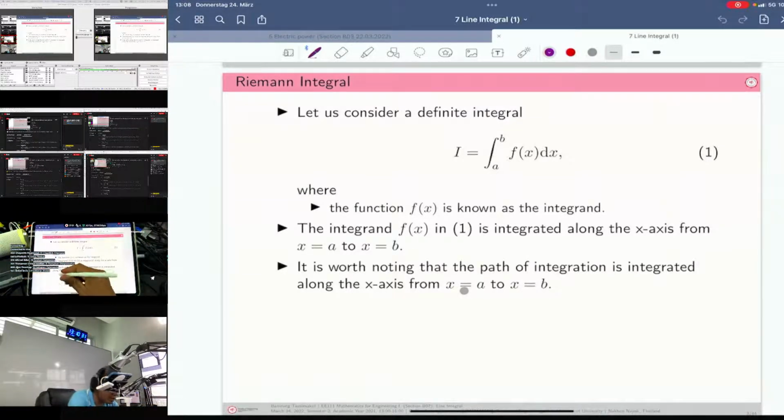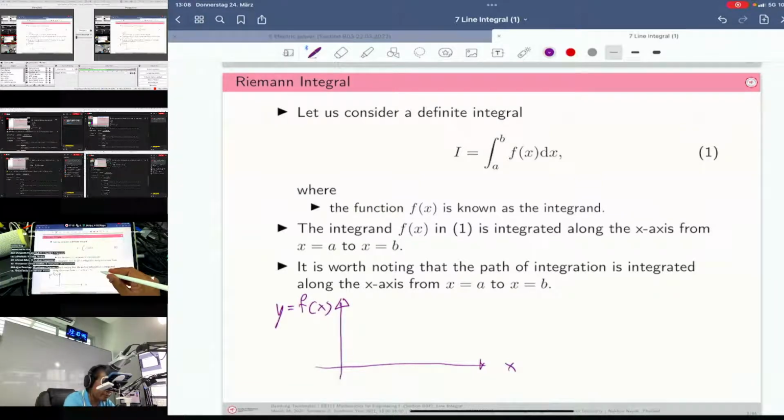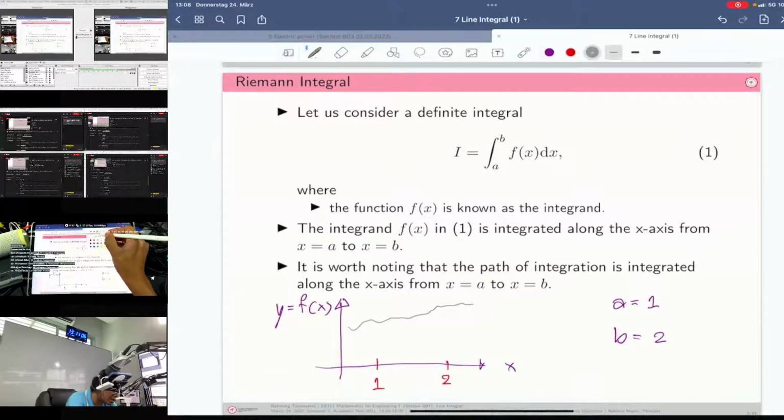It should be noted that once you draw the integration, let's say this is the y-axis, or y equals f(x), and this is the x-axis. For example, if a is equal to 1 and b is equal to 2, and your function is this one, with this point being number 1 and here number 2, your integration is going to take place like this.